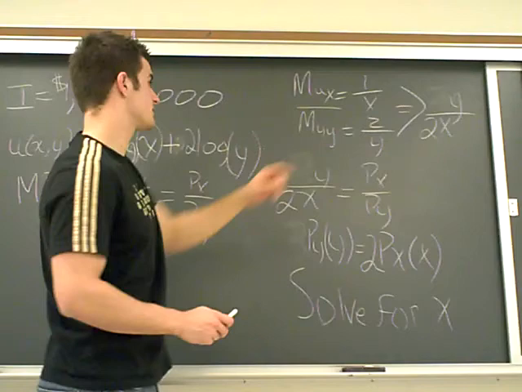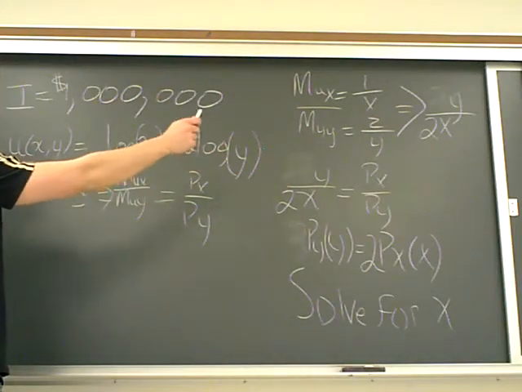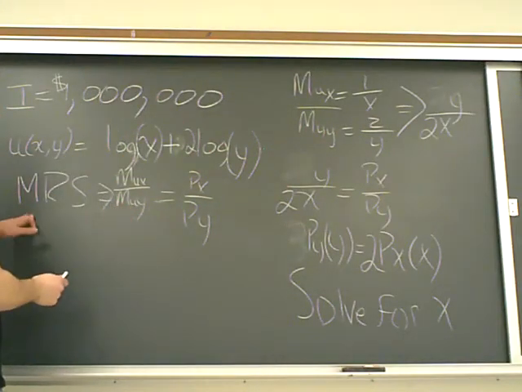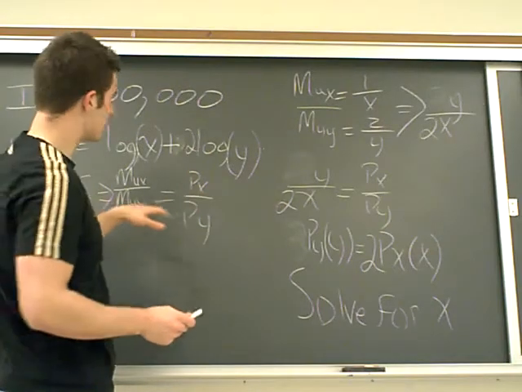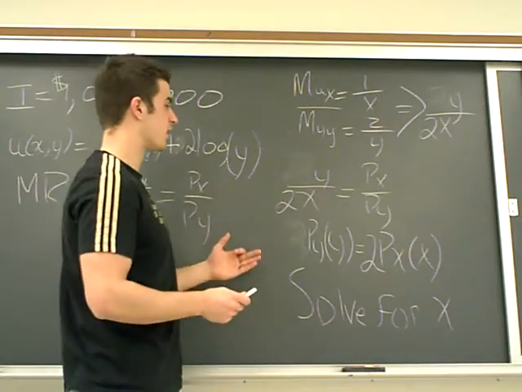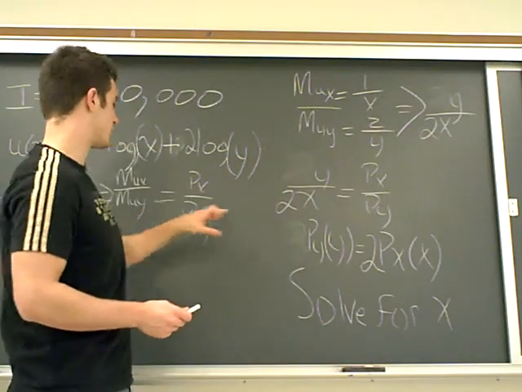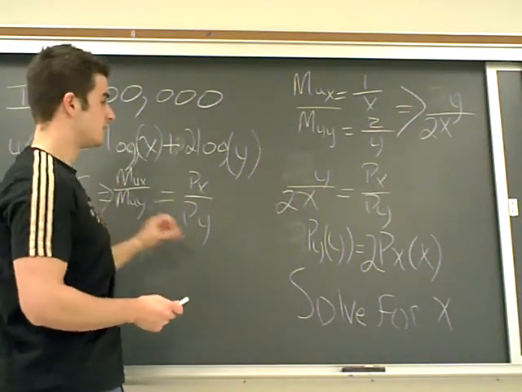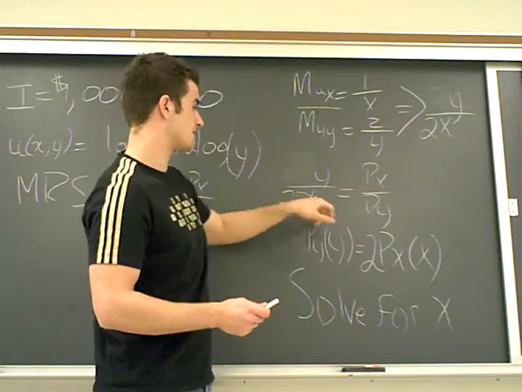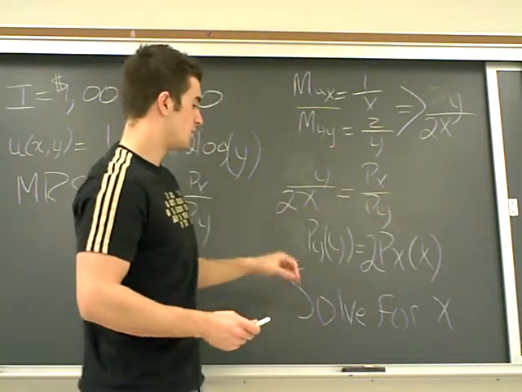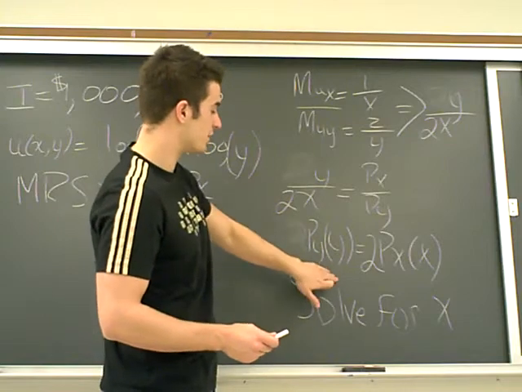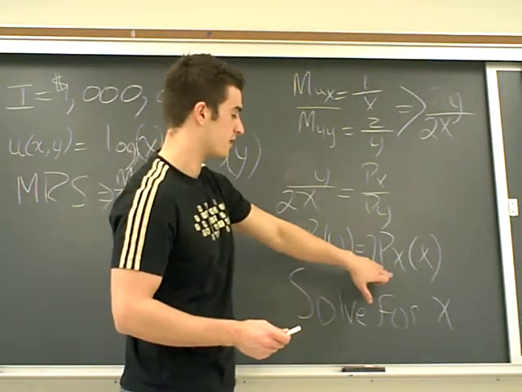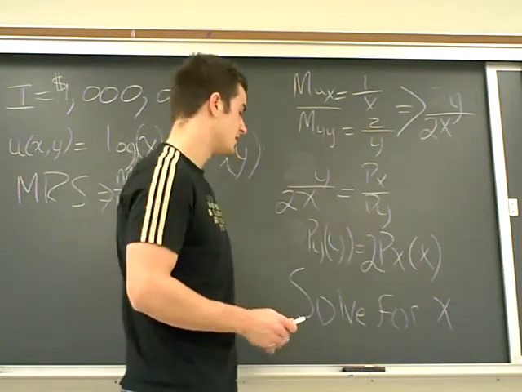So our marginal rate of substitution is y over 2x. And to solve this optimization problem, y over 2x is going to have to equal px over py. So we set y over 2x equals px over py, and with some algebraic manipulation, we have the price of y times the quantity of y equals 2 times the price of x times the quantity of x.